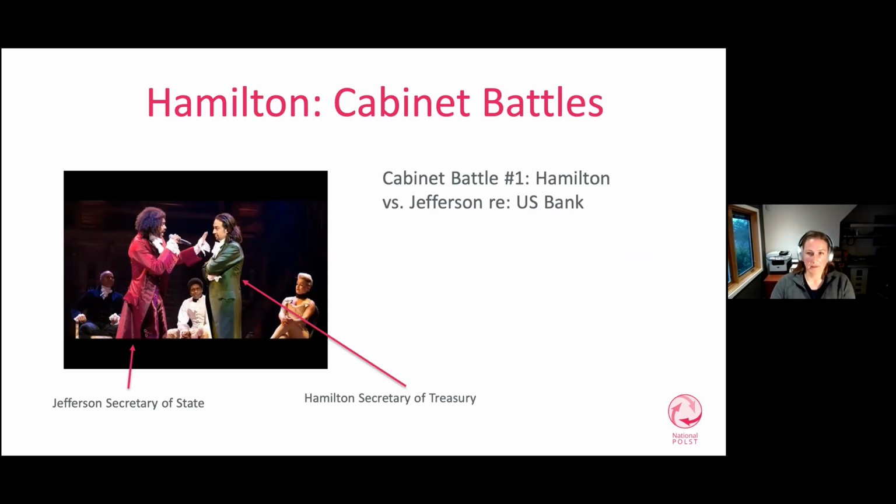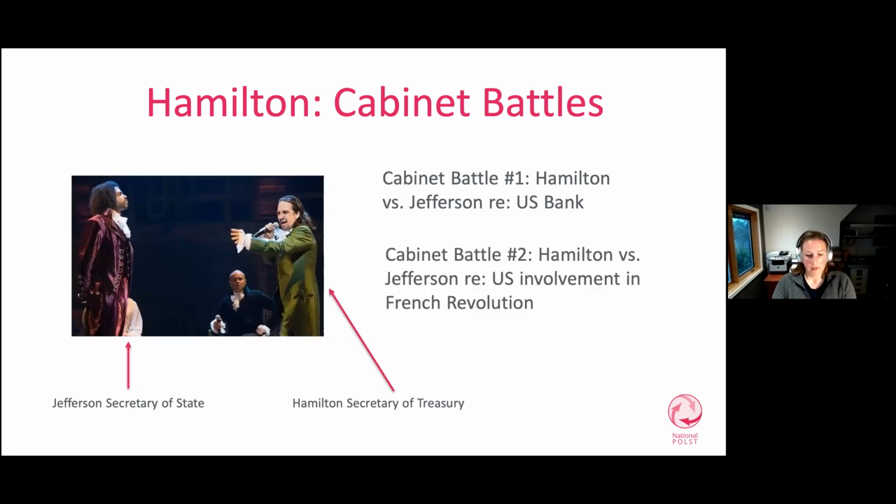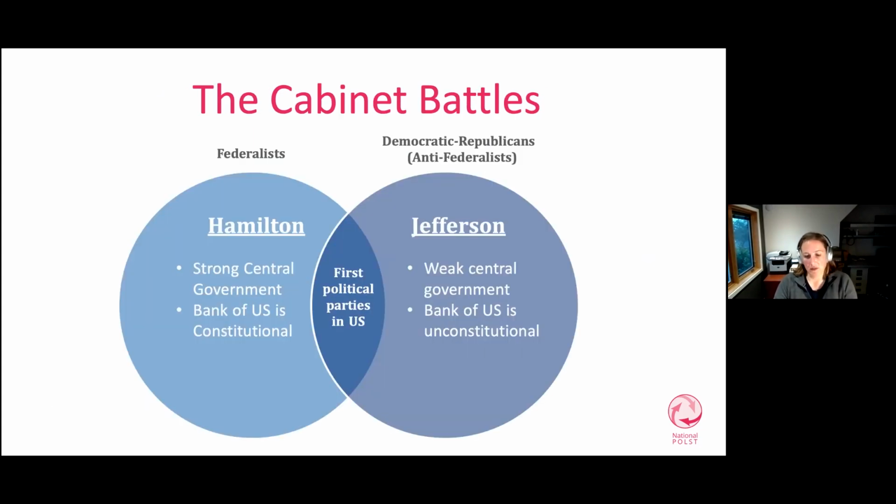In the first battle, Hamilton and Jefferson fight over whether or not to adopt Hamilton's proposal of establishing a national bank. And Hamilton eventually wins with a compromise. In battle two, they fight again, this time over whether or not to give aid to France during the beginning of the French Revolution. And Washington sides with Hamilton, so he wins again. What they were fighting about in both of these battles is really what our government was going to look like.